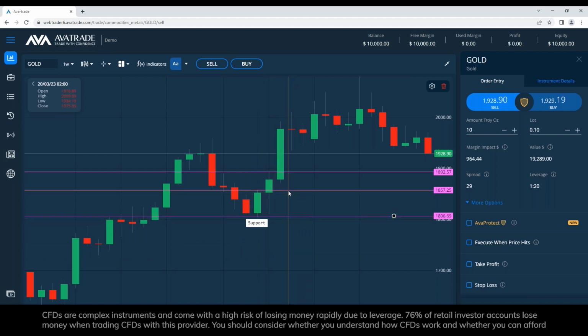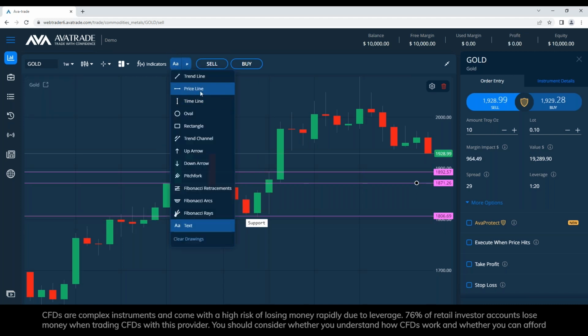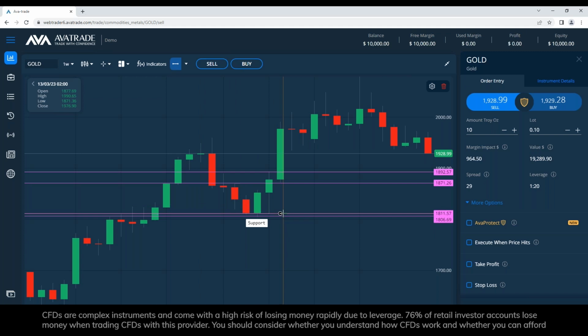But Danny, are there more lines of support? The answer is absolutely yes, right? So this is the support at 1806. We have another one just a few dollars up, $5 up, and we have another one at 1871. And we have another one that was broken.